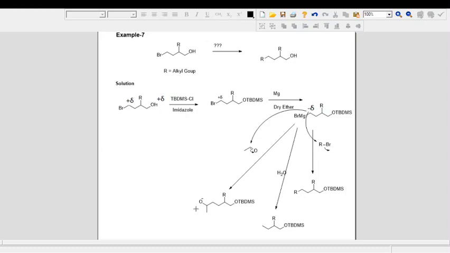During aqueous workup, we are able to get the corresponding OH group here.